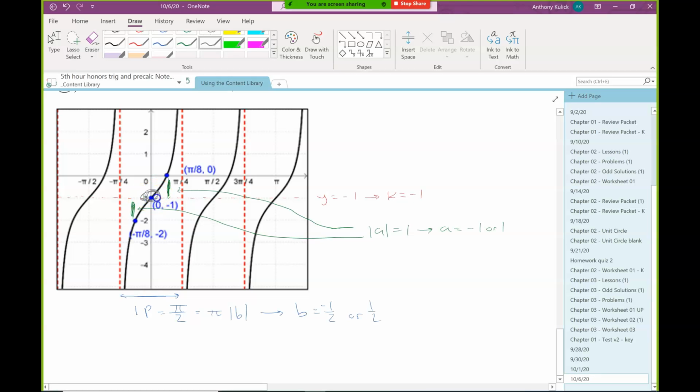So I'm going to always use my midline point. So for tangent, my midline point is at 0, 0. And in my transform point, it's going to be 0, negative 1.